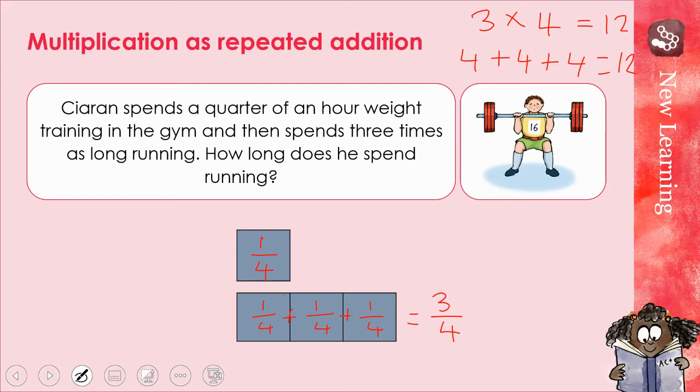Here we did 1 quarter, add 1 quarter, add 1 quarter is 3 quarters. Another way that we could look at that is we could say, well, we've got 3 times a quarter, 3 lots of 1 quarter, haven't we? The denominator stays the same, and I multiply the number by the numerator.